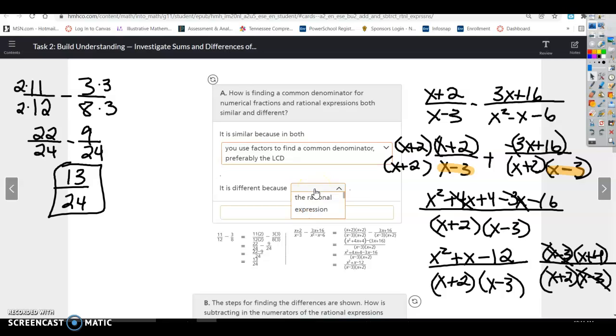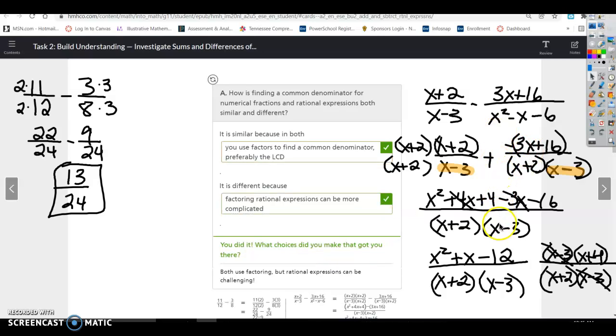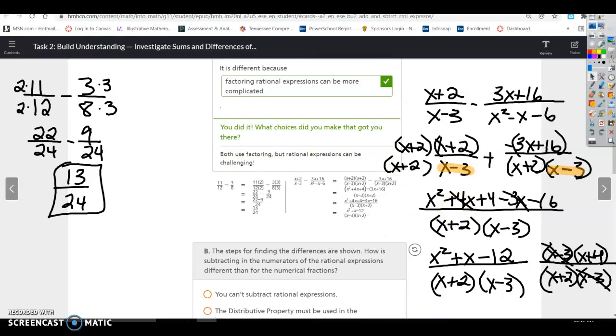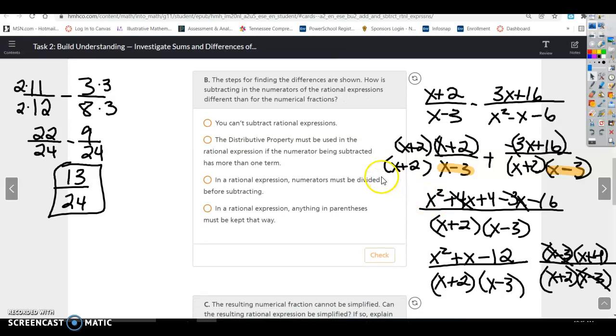It is difficult because rational expressions involve factoring. Alright, factoring rational expressions can be more complicated. As you can see, there's more steps, and you have to be able to multiply and factor and do several other things. So rational expressions can be a little bit more difficult.